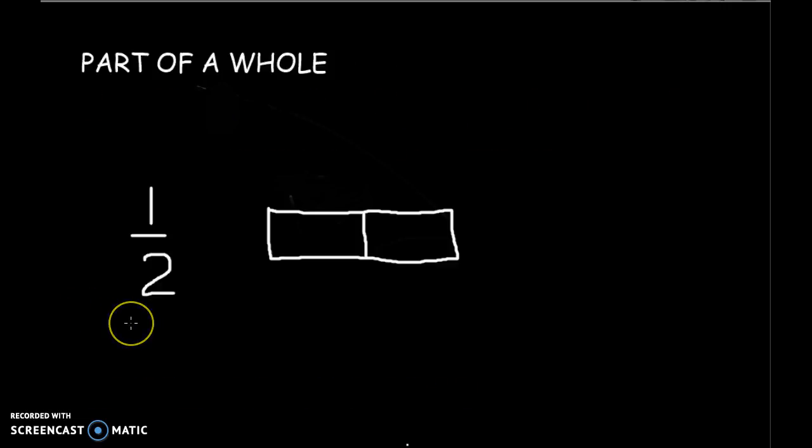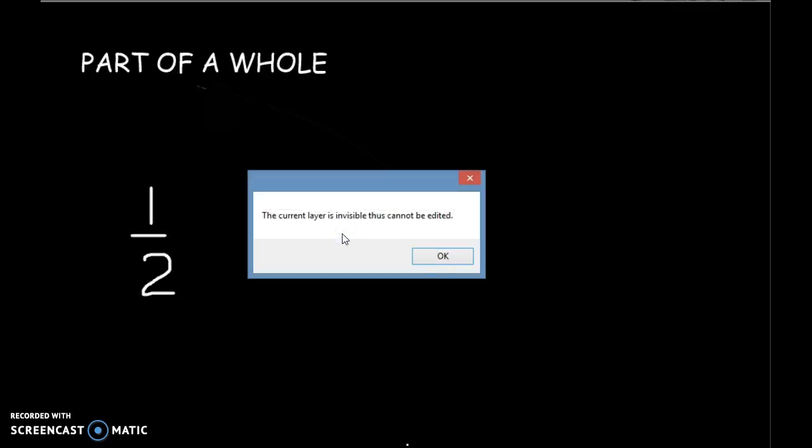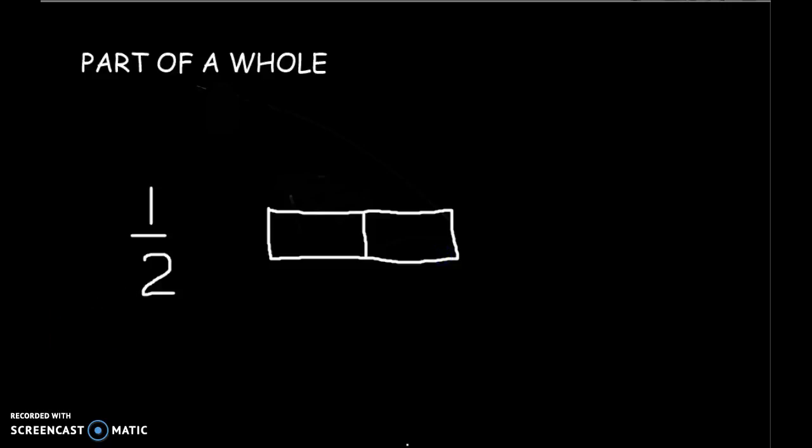Normally, when we have a fraction, we look at it as a part of a whole. So, for instance, here, if I had a candy bar and I wanted to share this candy bar with one of my friends so that we each would have a piece, I would divide the candy bar into two equal parts, and the one part that I would give away would be one half of the candy bar, and I would keep one half of the candy bar.